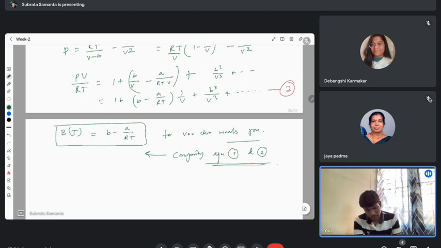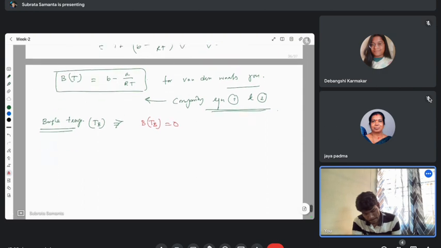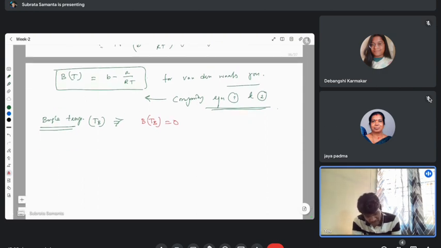So now we calculate the Boyle temperature, defined as where the second virial coefficient vanishes. So the Boyle temperature Tb implies that B at Tb is actually 0. The second virial coefficient vanishes at this temperature, so this temperature is called the Boyle temperature. So that means b minus a by R Tb is 0.